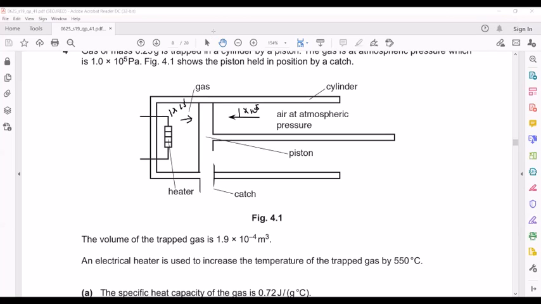The pressure of the gas is higher, so the piston will move towards the right hand side, or it will move outward, as the resultant force is towards the right hand side.